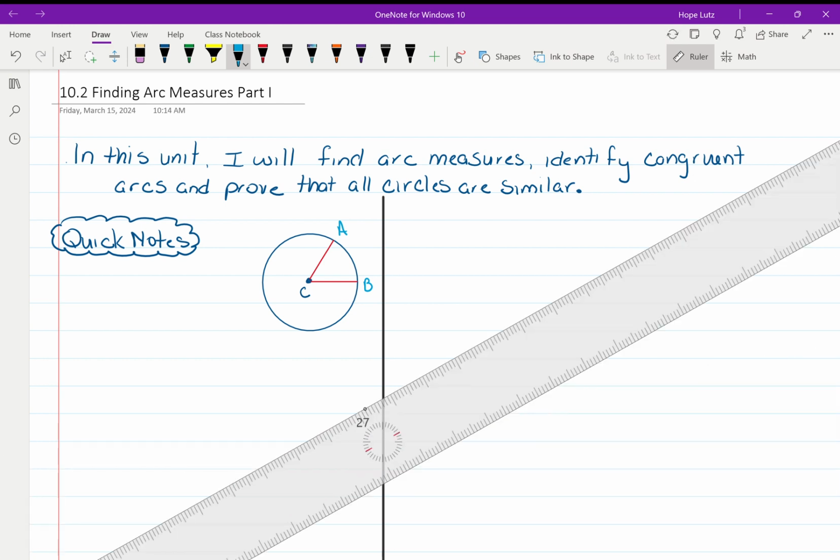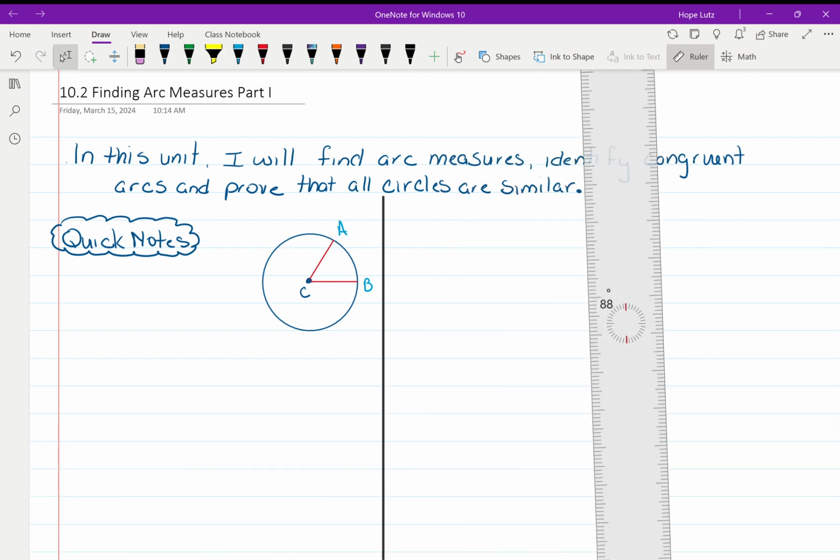Alright, now we're going to get into some definitions. So the first one is going to be the central angle. And it is formed by two radii.